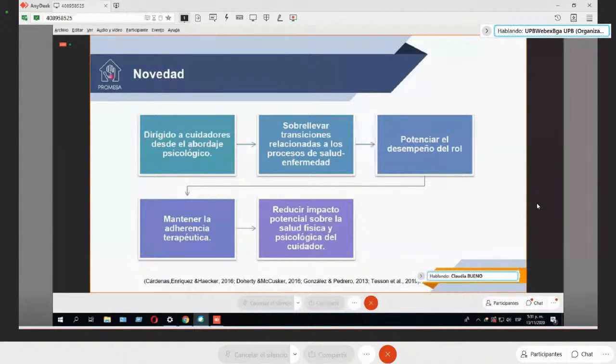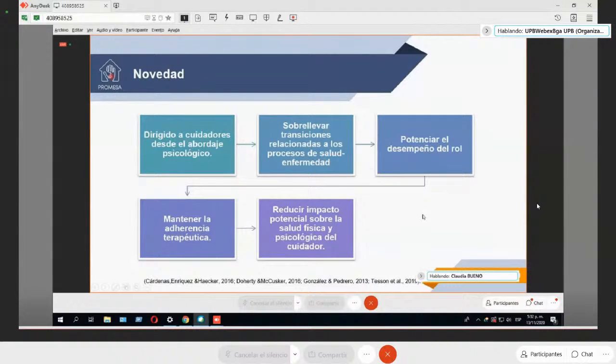We have very interesting ICT elements that we can use for the psychological intervention, as Dr. Castro mentioned before. So this is a program that has no history in Latin America. This is the first program in Latin America where we want to leave this record of the carer and how we approach the psychological elements.